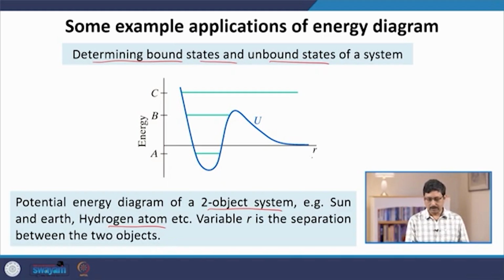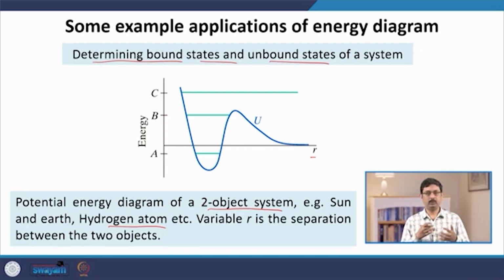Let us say that R represents the distance between two objects, and the configuration of our system, which consists of two point particles, is specified uniquely by R. For each R the system has some potential energy, and this blue line represents this potential energy profile as a function of different positions R.